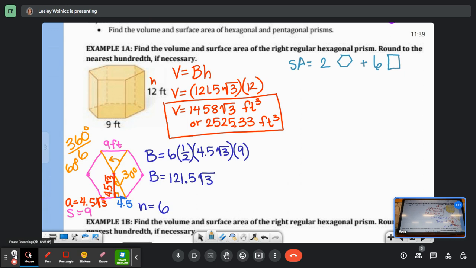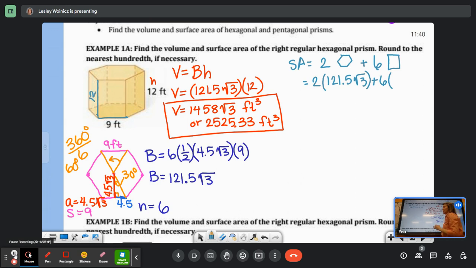Everybody happy with that? So that equals 2 times, what was that base? 121.5 root 3, plus 6. And you see that this is 9, and my other dimension is 12.